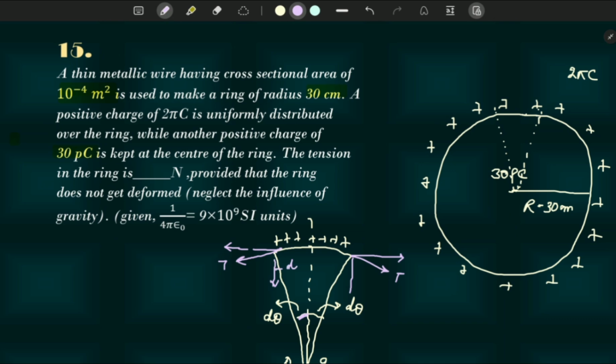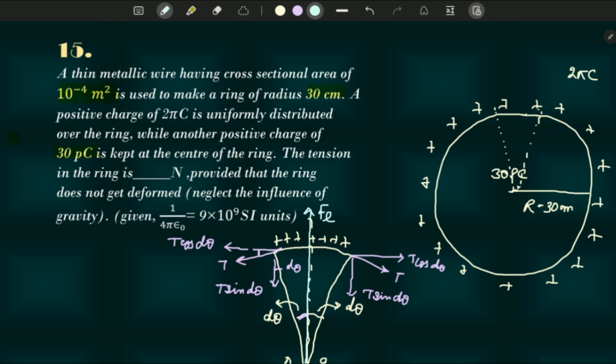So similarly this small angle will be again d theta. So converting them, the downward force will be T sine d theta, and in this direction T cos d theta. Here also T cos d theta, and downward is T sine d theta. And we are forgetting one force, most important force, which is acting from the center line. This force is the electrostatic Fe.